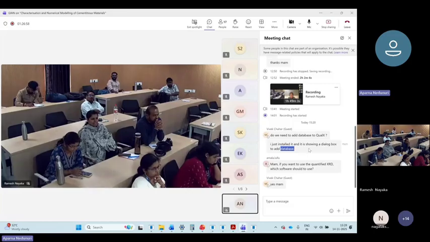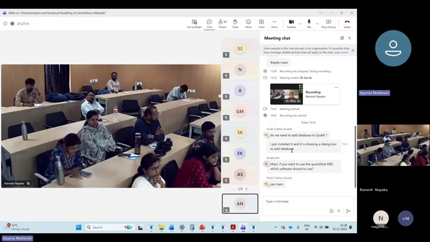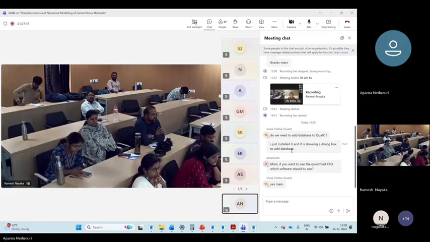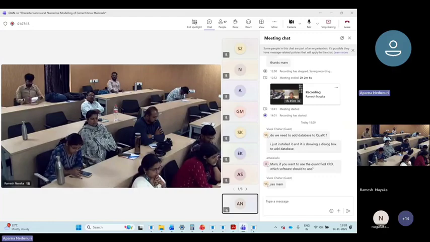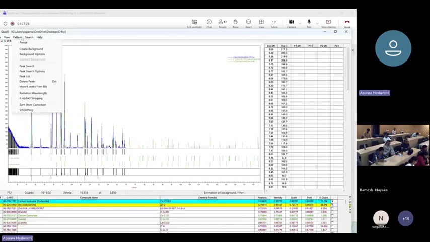Okay, I just installed it. It is showing a dialog. You have all these databases for inorganic material separately and organic material separately. You need to download the inorganic material file, which is of larger data, and then incorporate it in your Qualix. From that only it can pick up the different inorganic phases. For example, over here I have loaded all the inorganic samples.